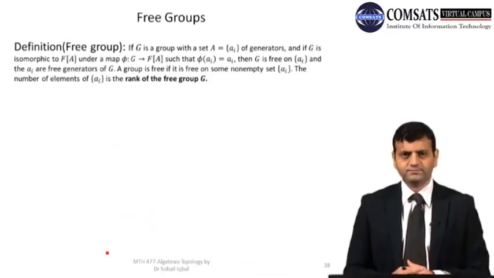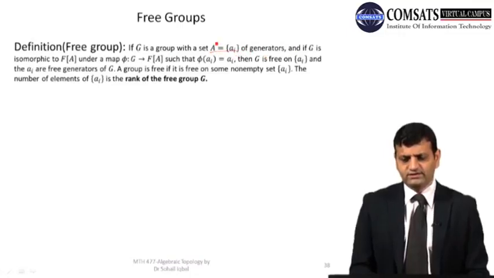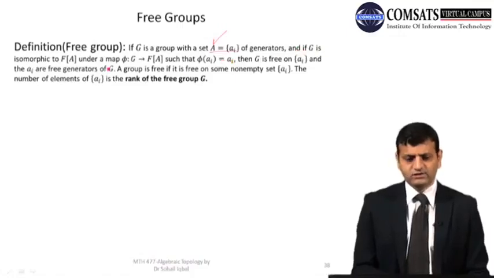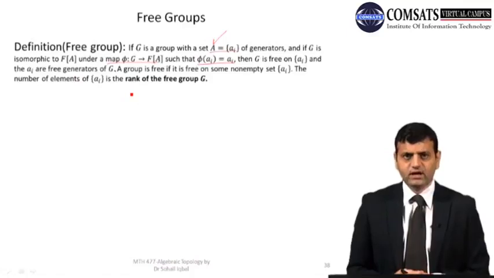So what is a free group? We have seen what is a group generated by a set of symbols a_i. If we have a group G and a set A, of course this set A generates the free group F(A) generated by the set A. And if G is isomorphic to F(A) under a map phi defined by phi of a_i equal to a_i, then G is free on A, and the a_i are the free generators of G. As I told you earlier, isomorphism is nothing but the equality of groups.